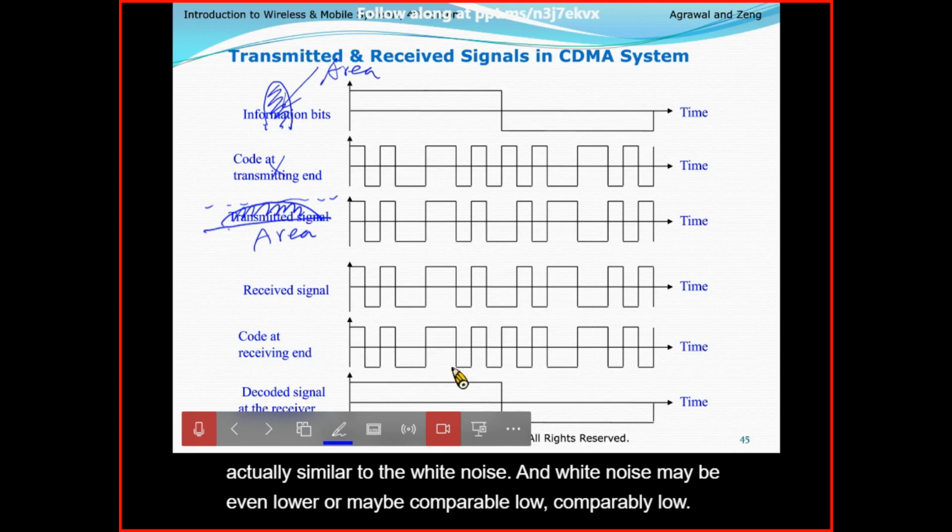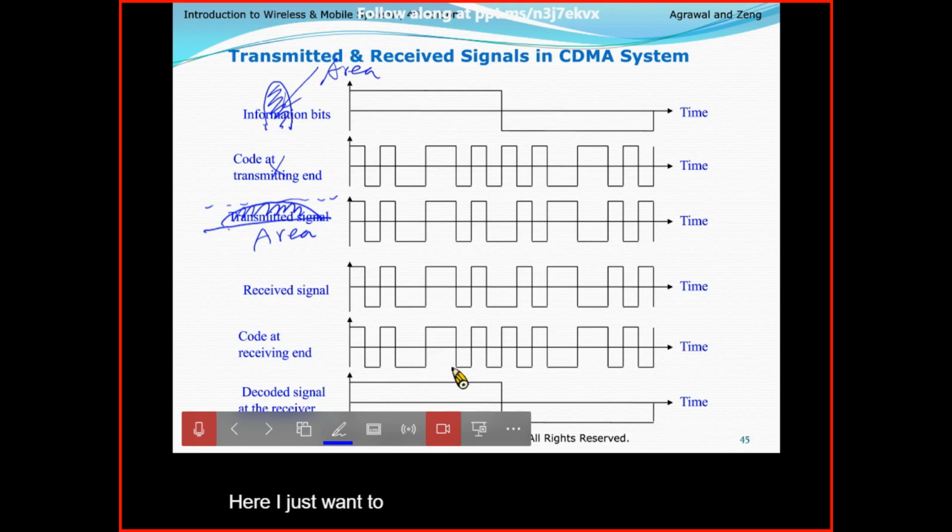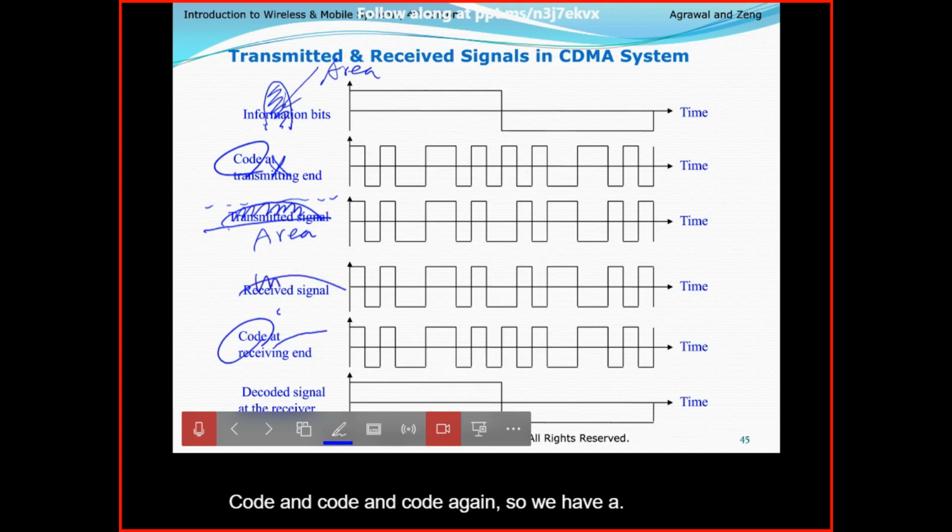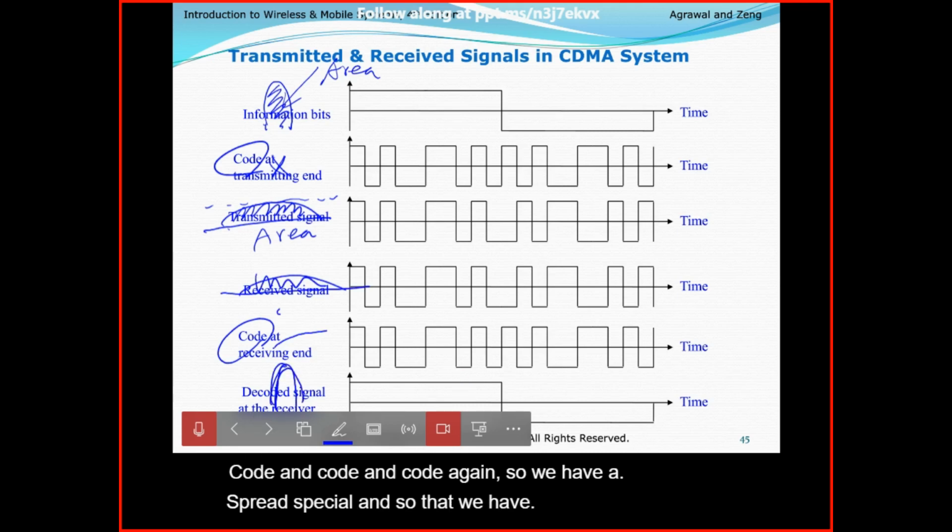Well, here I just want to talk about if we have this one, and then code to spread, and code again. Code and code and code again. So we have spread spectrum, and so that we have a narrow band again.